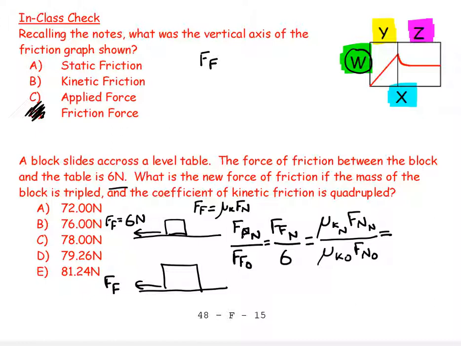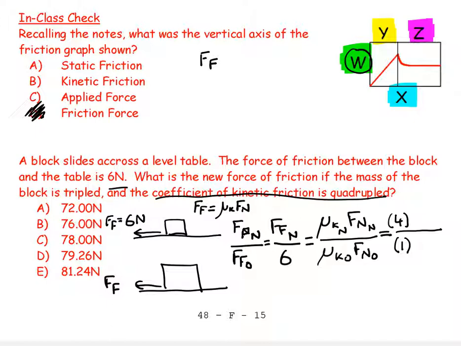We don't actually even know our old value for mu k. All we know is that the coefficient of friction is quadrupled. That means 4 times bigger. So if it was 1 before, it's now 4. We don't need to know the absolute value, we just need to know the ratio, and it's given to us. We could have put down 2 and 8, 3 and 12, or 6 and 24, but 1 and 4 seems like the simplest pattern. And then we want to do the ratio of the frictional forces, and we find it's not there.